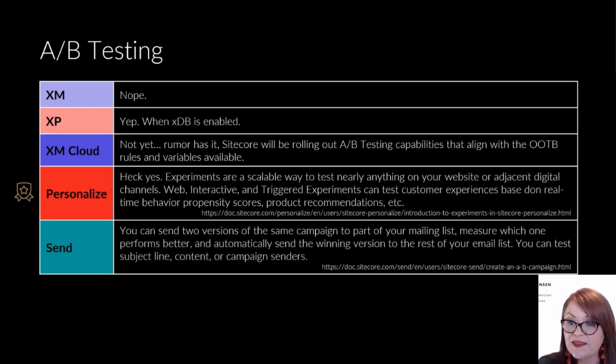So A/B testing, that's another bucket of work that we like to do. Not available on XM. On XP, you can do a lot of A/B multivariate existence testing, all kinds of content testing when XDB is enabled.